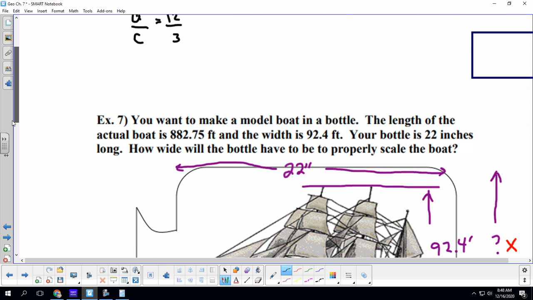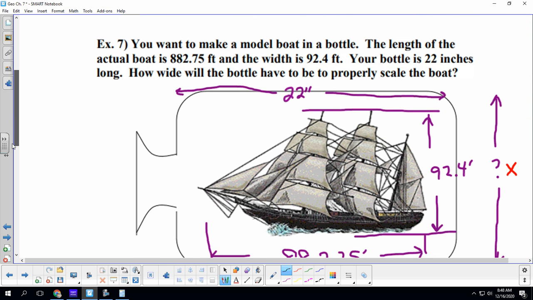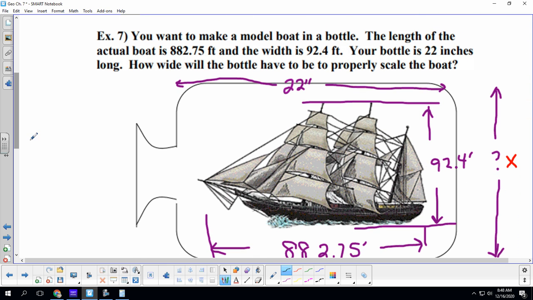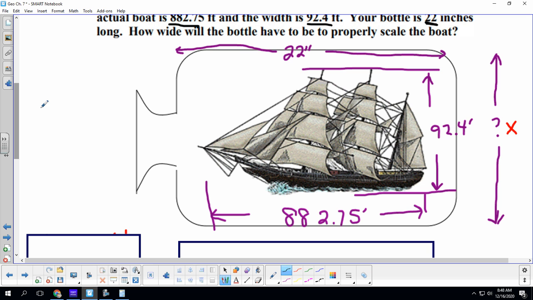We have a boat in a bottle. The length of the actual boat is 882.75 feet, and the width is 92.4 feet. Your bottle is 22 inches long. How wide will the bottle have to be to properly scale the boat?